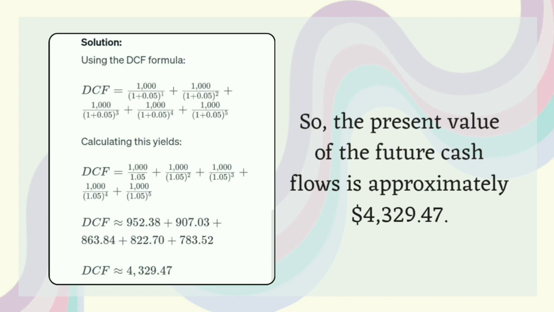So the present value of the future cash flow is approximately $4,329.48. So before I end my discussion on DCF, I would just like to add that this method aligns with the first objective of analyzing a discounted cash flow, since it shows how to calculate the present value of a stream of future cash flows using a discount rate.